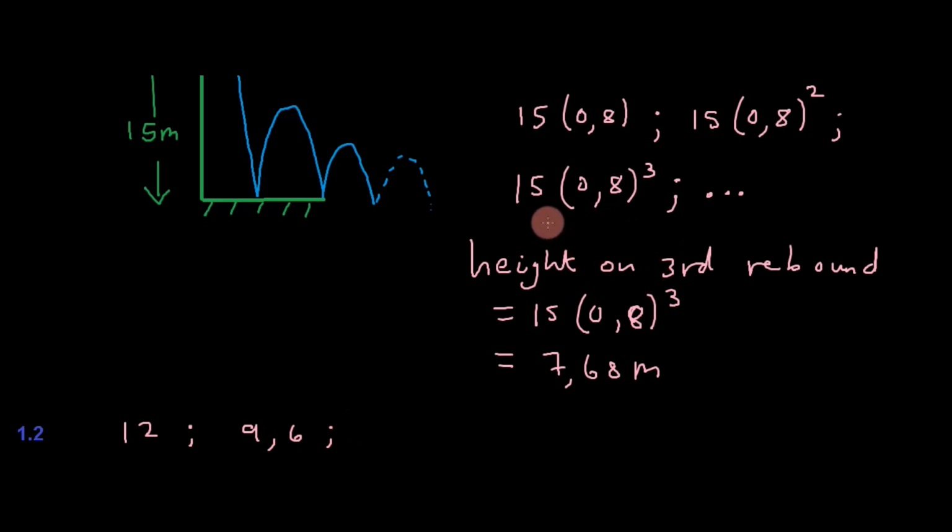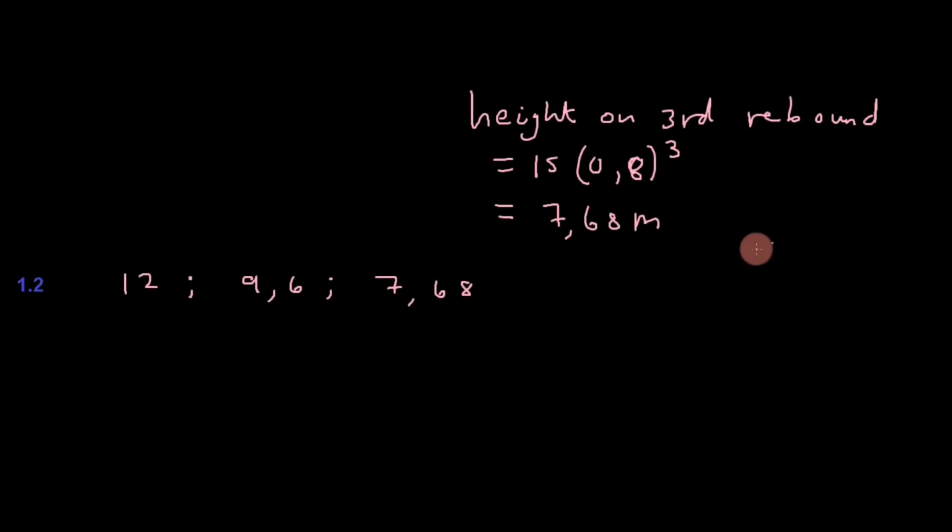And here we saw that 15 times 0.8 cubed is 7.68. So these are all the heights on the rebounds. So what's important to note is that the height is getting smaller and smaller and smaller. At some point we're going to get a rebound or a height that's less than 3 meters.